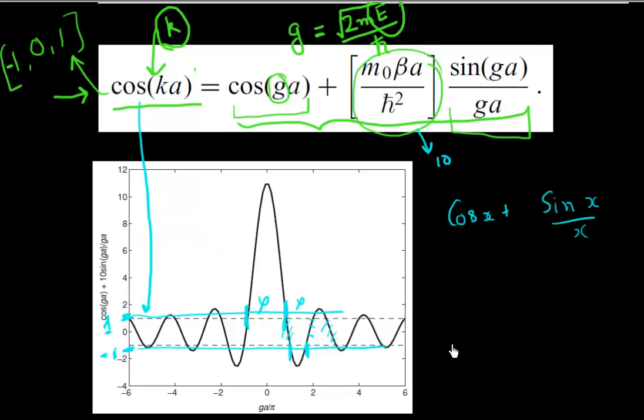And I could rearrange this equation such that I get a simpler looking function which relates my allowed energy for a given value of k.